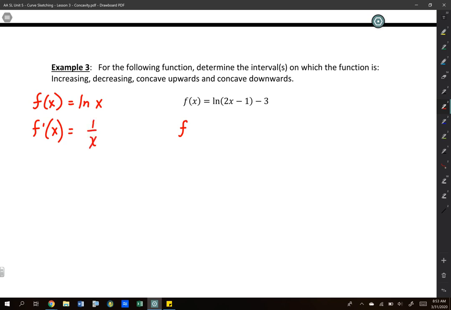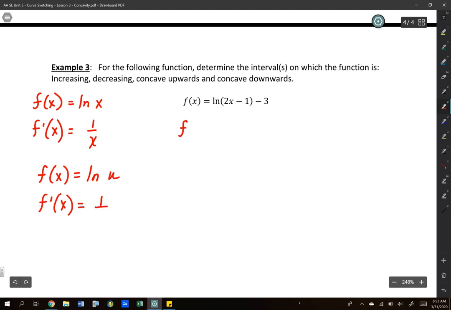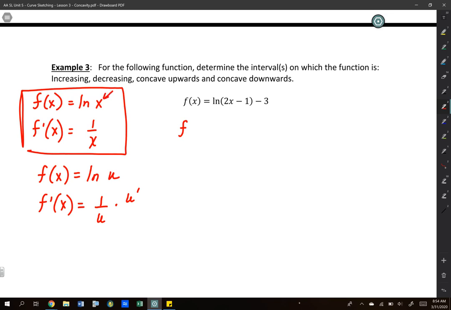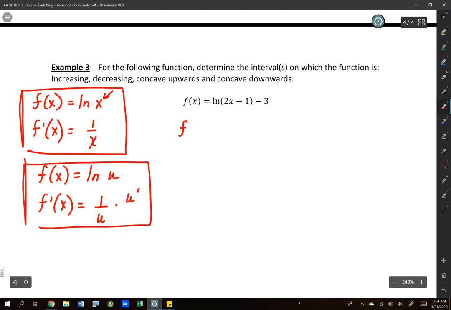If in other words, if we have ln of u, and u has a derivative, the derivative would be 1 over u, but 1 over u times u prime. All right, so here we don't have a derivative for that part of our ln, and here we do have a derivative and we have to include it, and that is the case that we have for this problem.